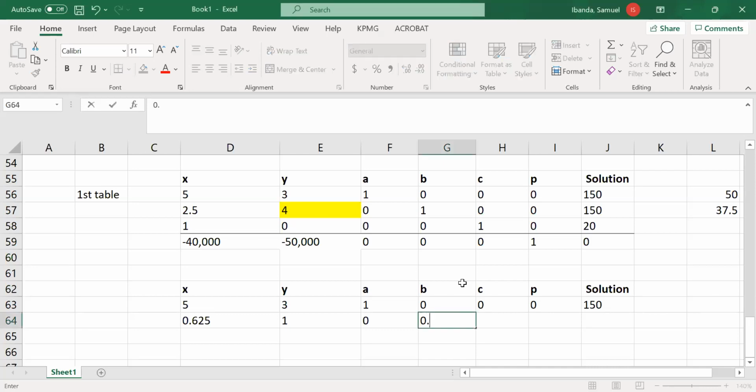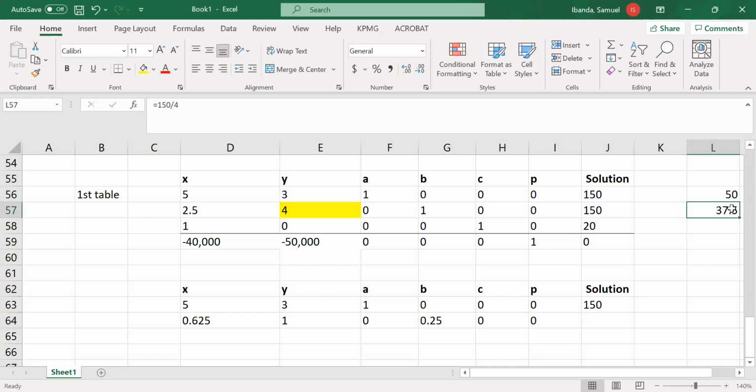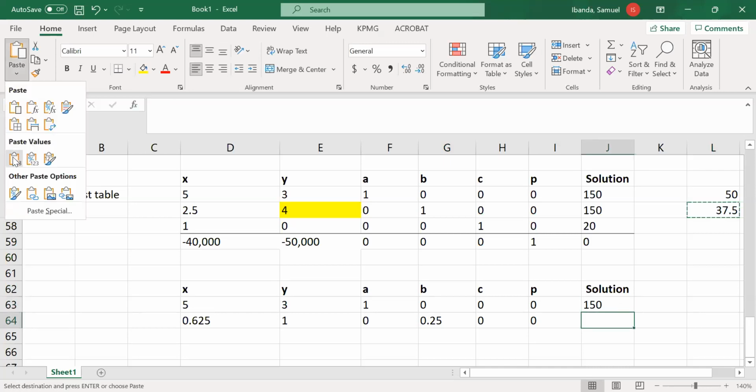So this is 0.25. Then 0 divided by 4 is 0, 0. And this 150 divided by 4 will give you 37.5.